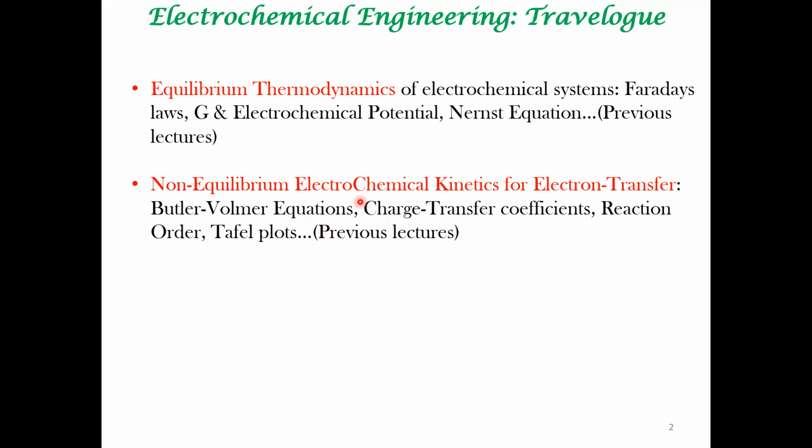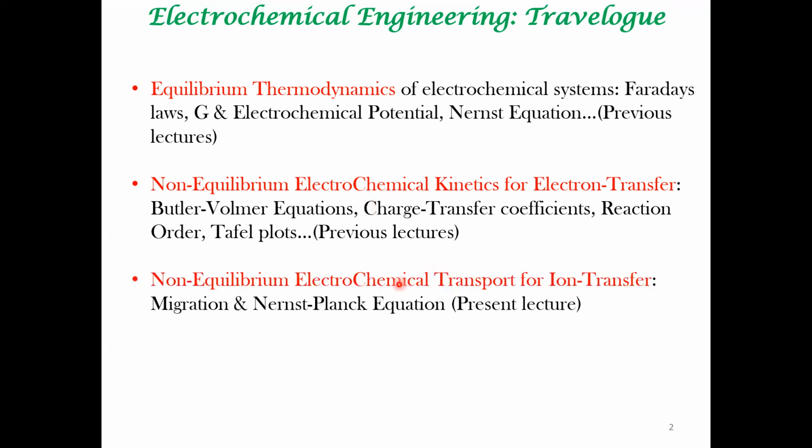These are the central equations underlying electrochemical kinetics. In this lecture and the next few lectures, we'll be looking into another non-equilibrium effect in electrochemical systems. In the earlier case, this involved electron transport, but this involves ion transfer and ion transport.